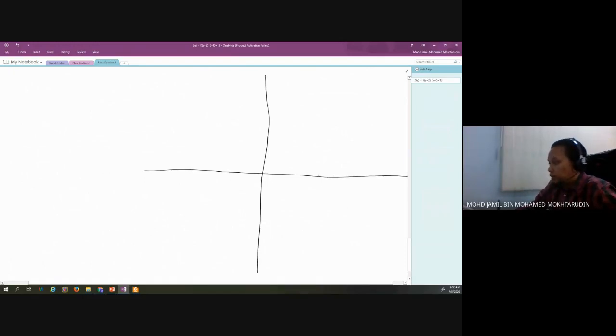So the first pole is at 2, and plus 3j and minus 3j. So it's here, here, and then the zero is here, minus 2. Okay, sketch the poles and zero, you get 1 mark.